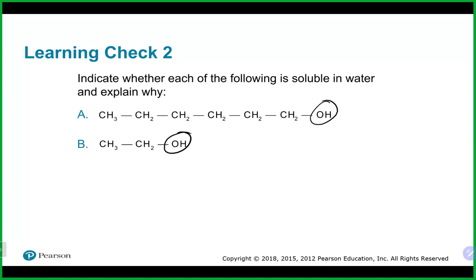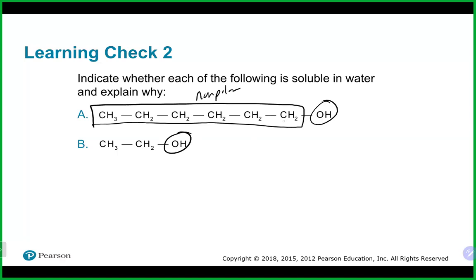So really what we want to look at is how big is that nonpolar part of these alcohols? That nonpolar part is the carbon-hydrogen part here. And in this particular case, I got 1, 2, 3, 4, 5, 6 carbons, which means that's probably going to be insoluble. Again, it just gets a little bit too big for it to interact well with water.